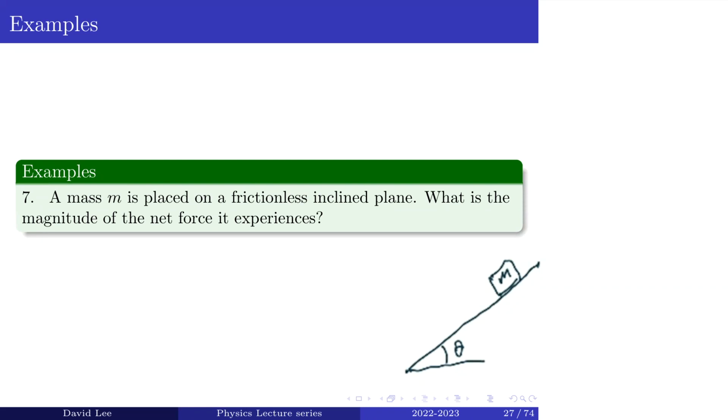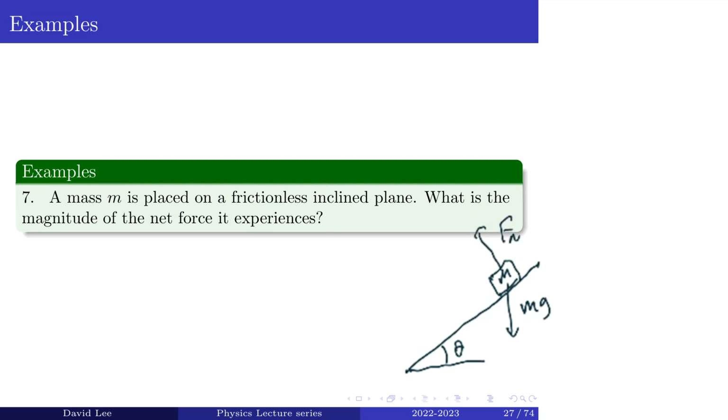Let's think about what individual forces it experiences first. Well, it experiences two forces here, which are gravity and normal force.